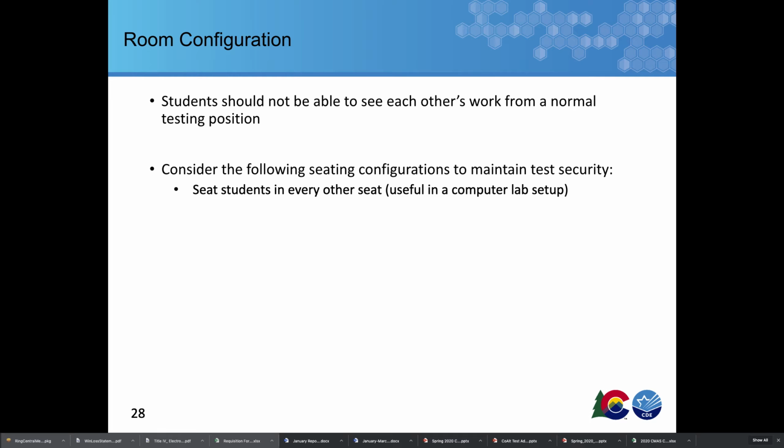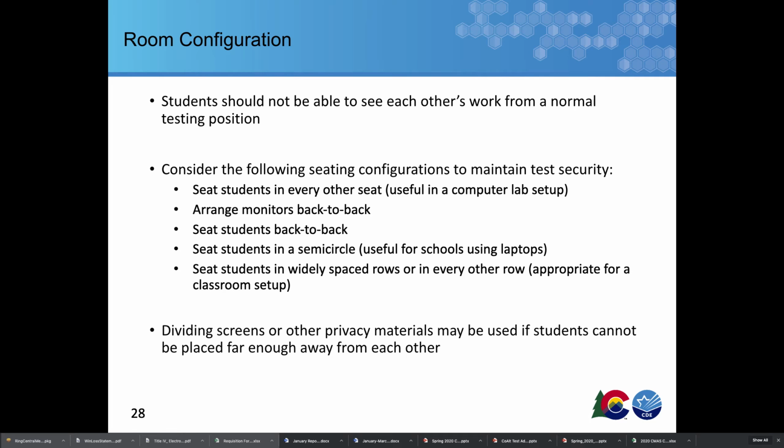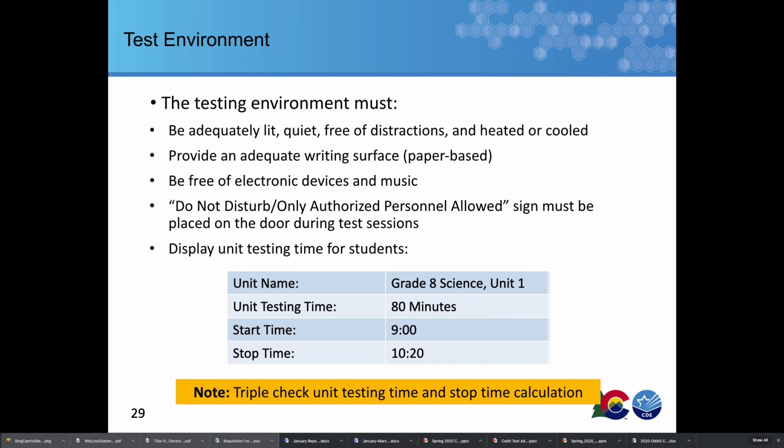So you could seat students in every other seat, arrange monitors back to back, set students back to back, seat students in a semicircle, widely spaced rows, every other row, using dividing screens or other privacy materials, but students should not be sitting side by side. If I walk into a room and I see students sitting right next to each other, I'm going to pause the testing session until that room is reconfigured.